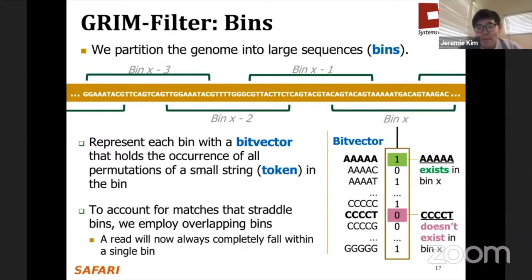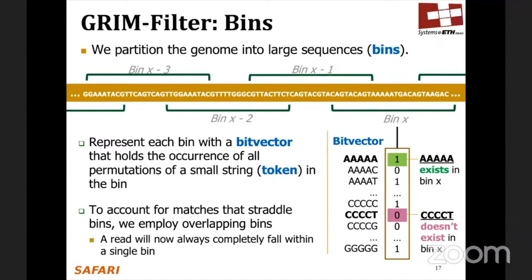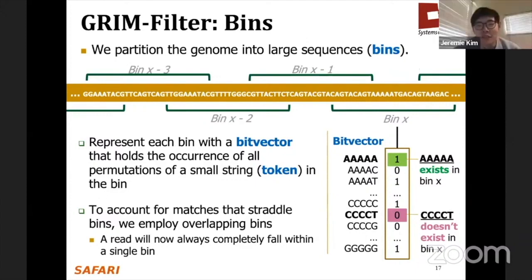I see. Do you think you should build another bit vector to consider the complement of the strand, or maybe you can find a simple hack? Yeah, so I would say the easiest way to adjust that is to, for every single read, basically just reverse complement the read and then map it as well. And then it should work.